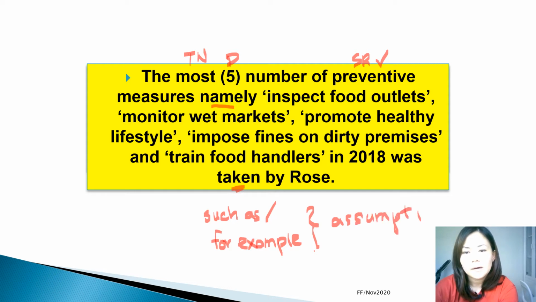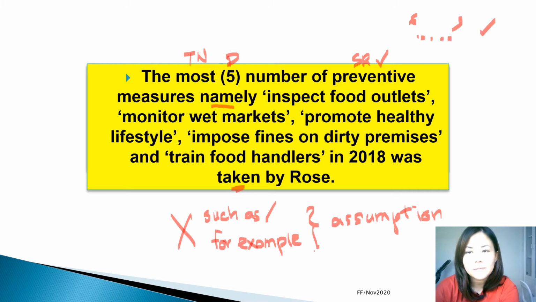It's like you are not sure these are the preventative measures taken, but instead you say such as, so it is not correct. So do not use these words. Namely inspect food outlets. This is counted as one word because it's a verbatim. And when you use the inverted comma, we take this as a verbatim and we count it as one word.